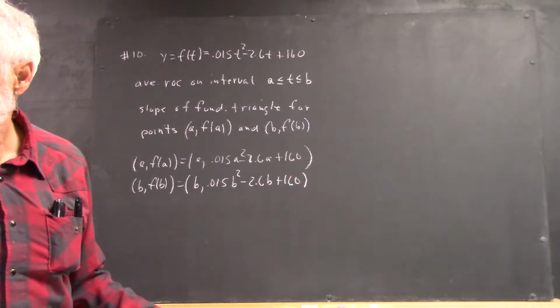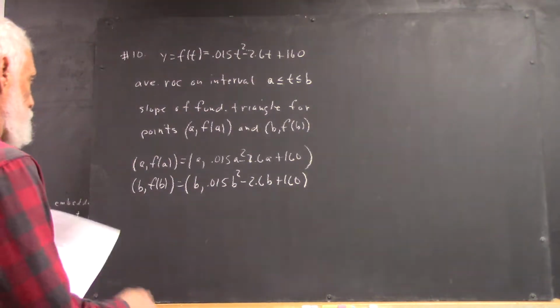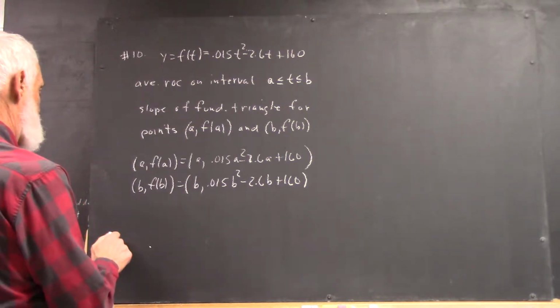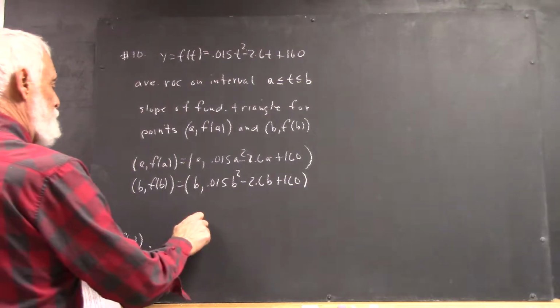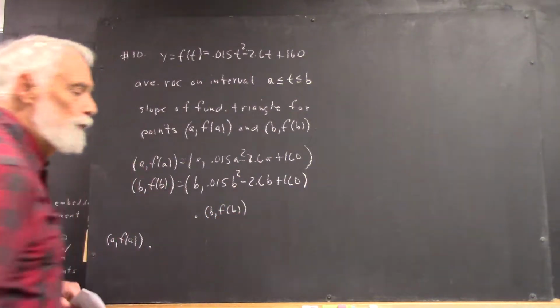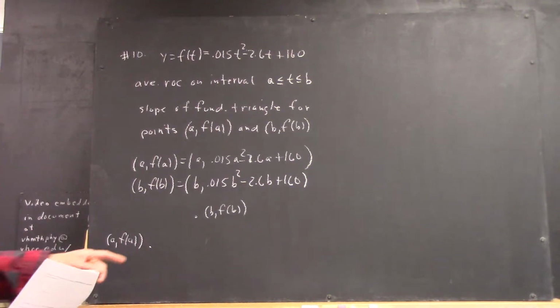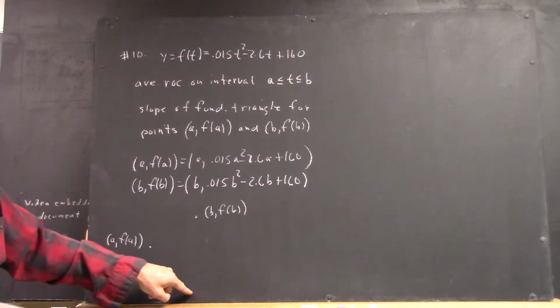Okay? And then you know that the fundamental triangle, well, you're going to have the point a, f of a and b, f of b. Now you don't know that a is less than b, so you don't know if this point's really going to be higher or lower, right?